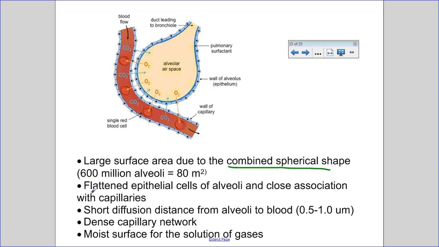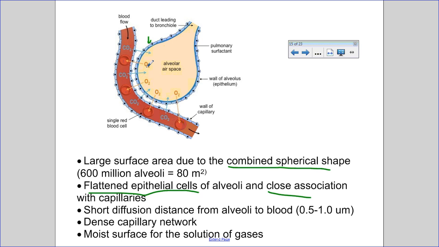The alveoli are basically flattened epithelial cells that are closely associated with the capillaries. So if this is our alveoli here, these little guys here with the black circle, these are flattened epithelial cells, and here we have our flattened epithelial cells next to that capillary that is just one cell thick.